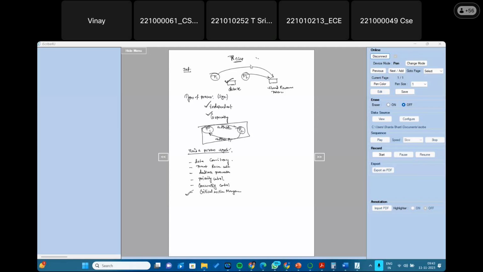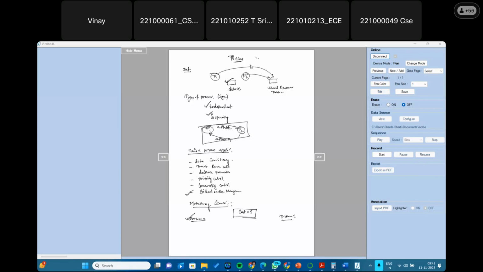So what we have studied about the race condition, we have already seen the motivating scenario where we have one value, count equals 5, and two processes, process 0 and process 1, trying to change the value.